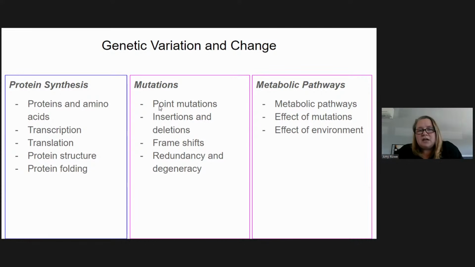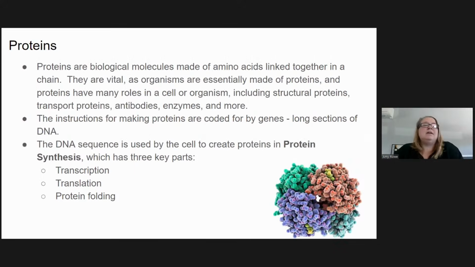Then we've got mutations, so what they are and how they can affect how a gene is transcribed and how that goes on to create a protein that may be different from the one that was intended, and then metabolic pathways, so looking at how genes and enzymes interact within an organism and the effects that it may have on that organism's phenotype. But let's get started.